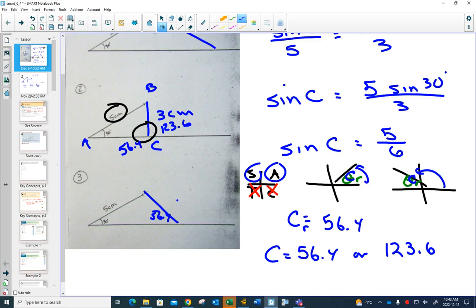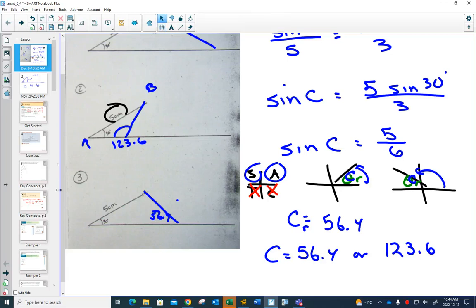And the 123.6 one would match up with that triangle. And so we have 2 possible answers in that situation. So our CAST rule and our sine law become important to work together.